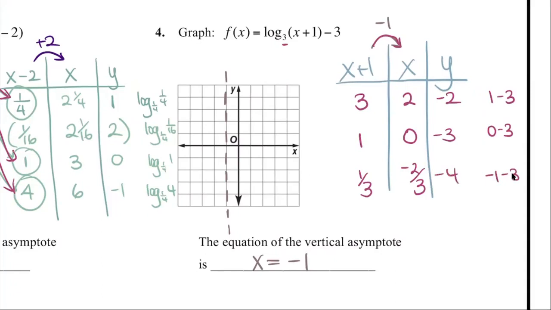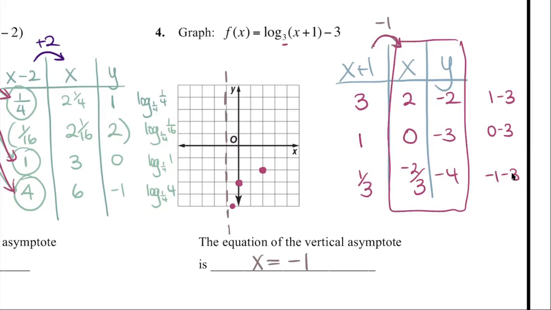So we're going to plot these points right here. I get 2, negative 2 right there. 0, negative 3 right there. And then negative 2/3 and negative 4 right there.